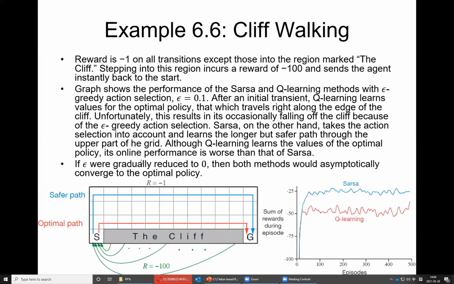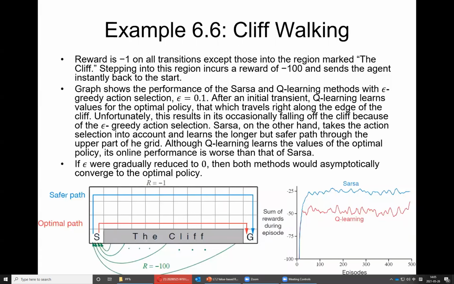However, if you gradually reduce epsilon to 0, approaching a greedy policy, then both methods will converge asymptotically to the optimal policy. So if epsilon is 0, then the lower path is indeed optimal because you never fall into the cliff. Well, this is assuming a deterministic environment.